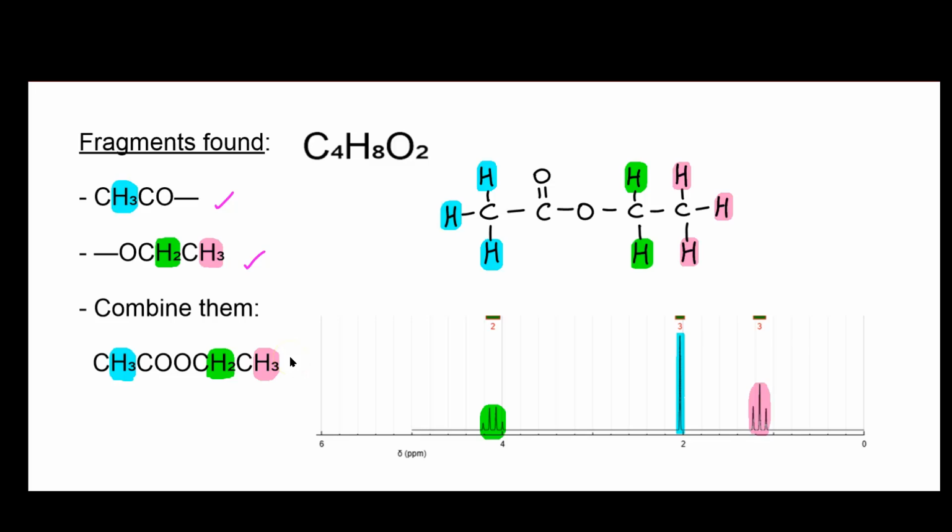Combining them together gives CH₃COOCH₂CH₃, which is ethyl ethanoate. This structure fits the formula C₄H₈O₂, degree of unsaturation equals 1 because of the carbonyl group, and the integration, splitting, and chemical shift.